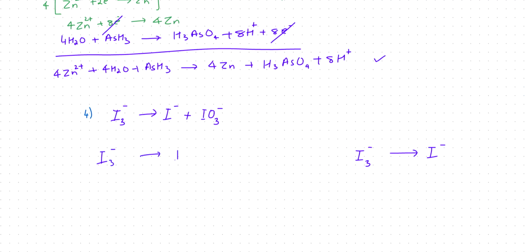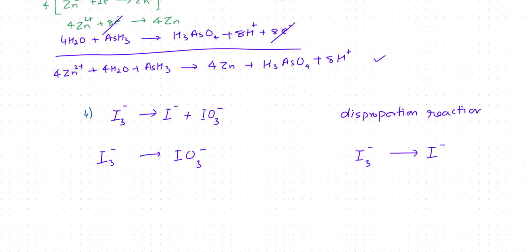It's the same reactant changing into two substances. So one reactant is changing to I negative, another to IO3 negative. So this is called a disproportionation reaction. One substance is oxidized and the same substance is getting reduced.